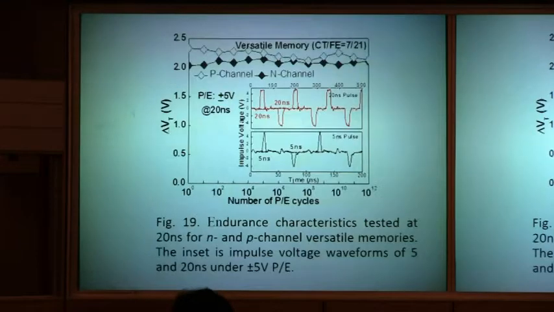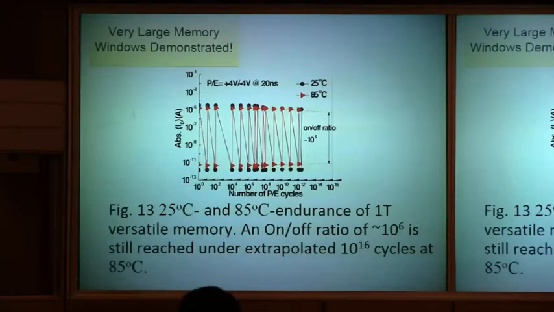Very interesting. Yeah. This is another chip, really 5 nanosecond or 10 nanosecond, working very fast. And this is a lifetime. We can demonstrate the lifetime with an on-off ratio of 1 million times, and you can switch on and off for more than 10 to the 16 cycles at a temperature of 85.